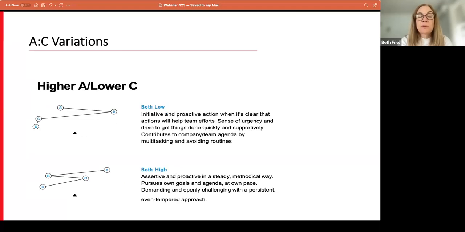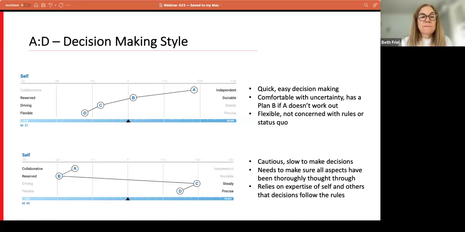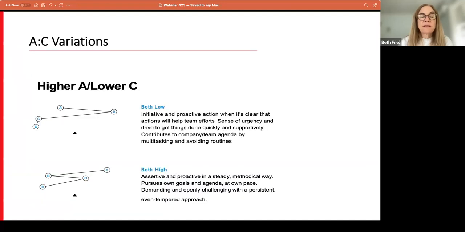Higher A and C both low, you still get that initiative and proactive action, but it's for the team. When they're both high, it's someone who wants to get their own things done, but in a very methodical way. Any questions on the A and the C?